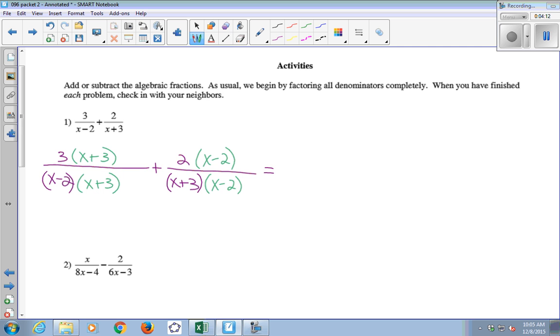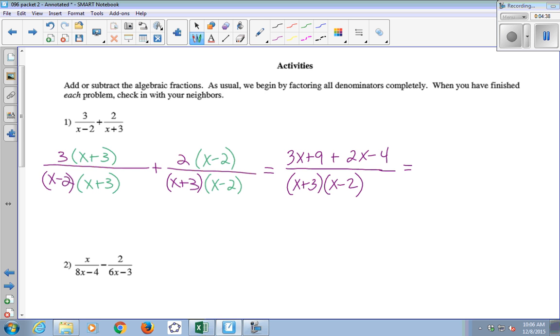Now I have 2 fractions with the same denominator, so I can add the numerators. Keep the denominator the same. So my denominator is going to be x plus 3, x minus 2. And in my numerator, I distribute my 3 and I get 3x plus 9 plus 2x minus 4.